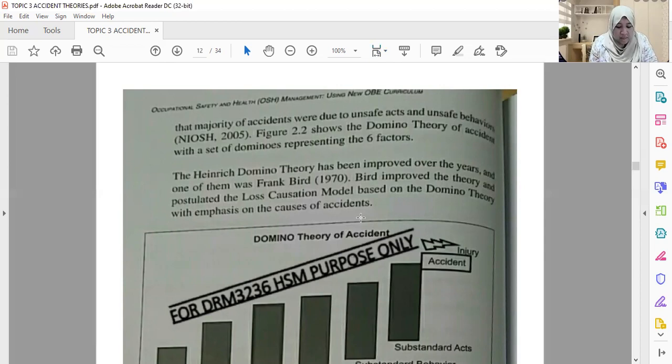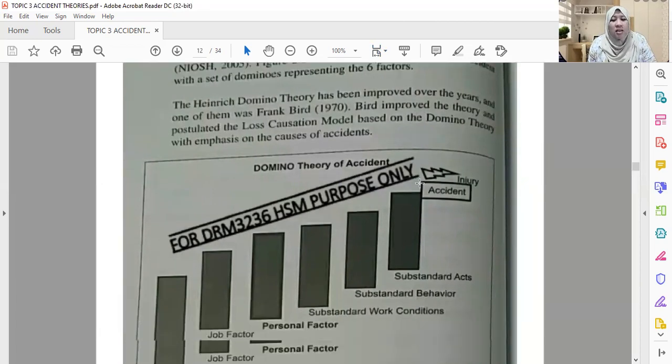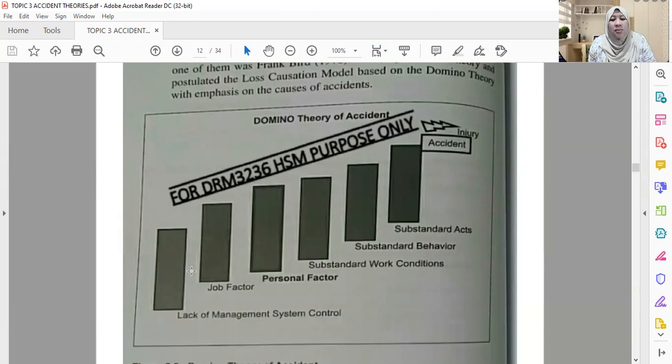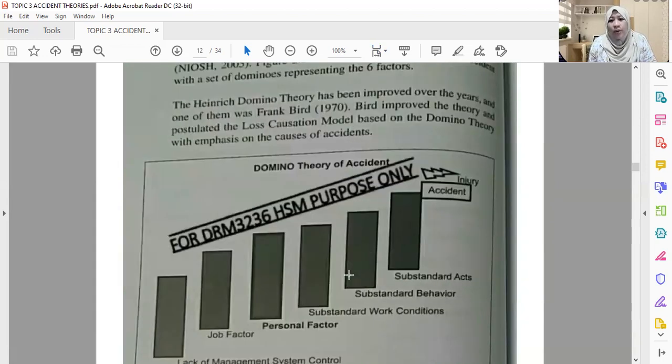Alright, and then the figure shows the domino theory of accident with the set of dominoes representing 6 factors. Ada 6 factors in the set of dominoes. Dia macam tangga lah. Tak, bukan tangga, dia macam kita main game domino tu. They are actually related to each other. So Heinrich's domino theory said that over the years, one of them is Frank Bird, 1970.